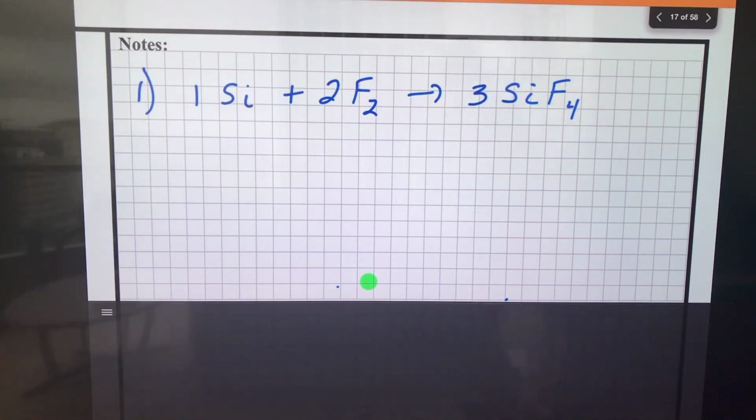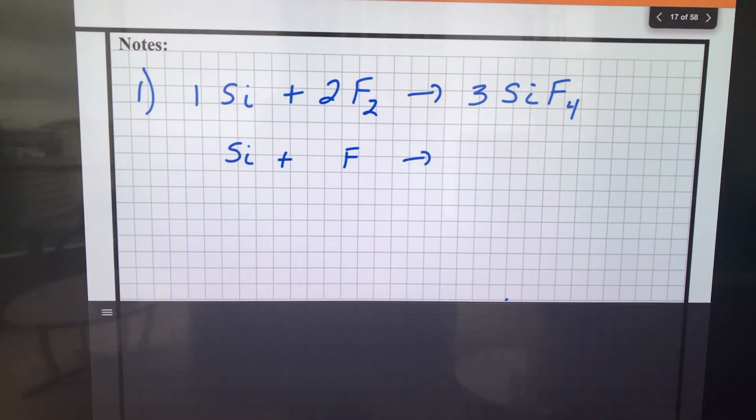All right, so let's see. If we do this by the numbers, remember how we did that last time, we said write the reactant. So I'm going to go ahead and do that. Silicon plus fluorine. I'm not going to worry about numbers and diatomics yet. I'm going to write the arrow. Now I'm going to write the product.